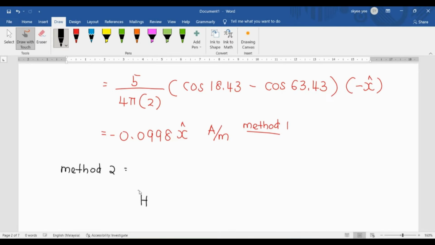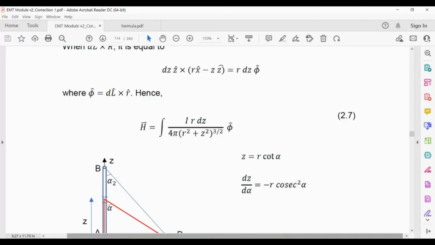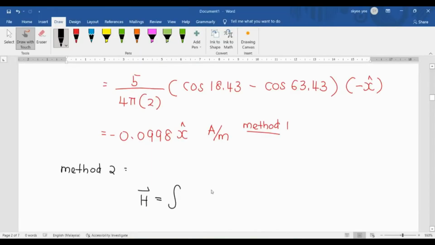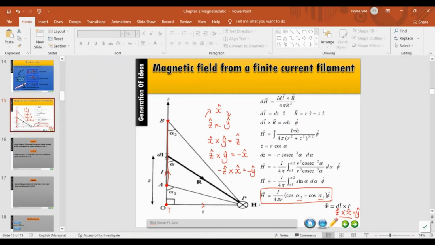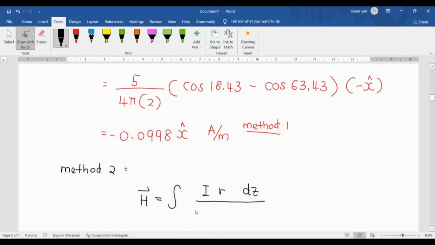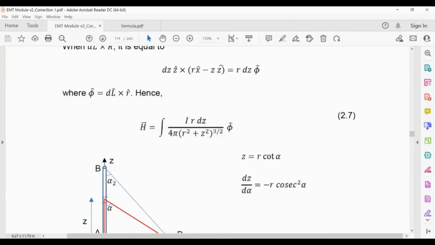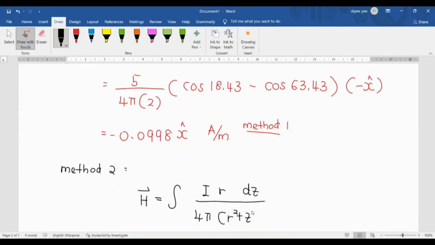So H equals the integral of I R dz over 4 pi times (r square plus z square) to the power 3 over 2, and this one is phi.